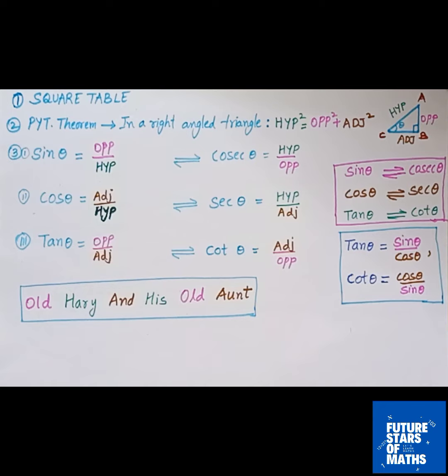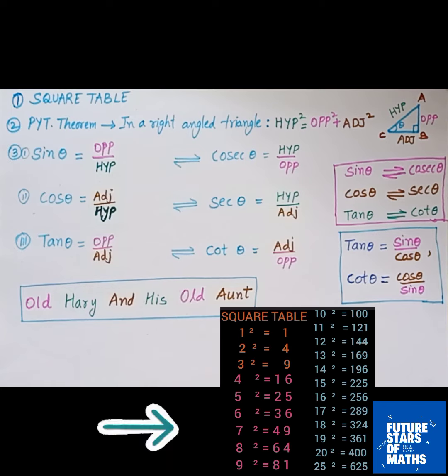First thing we have to learn is the square table. Then, according to the Pythagoras theorem, in a right angle triangle, what we should remember is hypotenuse square is equal to opposite square plus adjacent square. Then the next thing is the ratios.